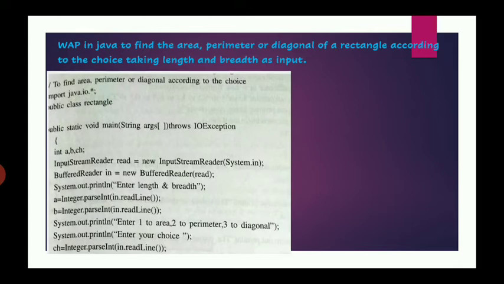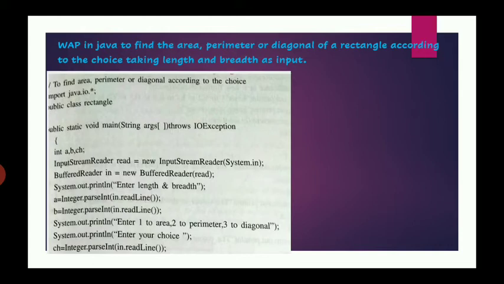Then we have taken three variables a, b and ch. Now a, b and ch are of integer type. Now InputStreamReader read equals to new InputStreamReader System.in, BufferedReader in equals to new BufferedReader read.